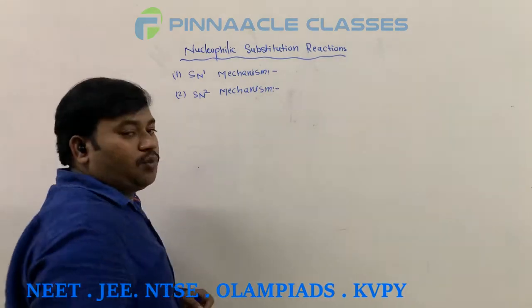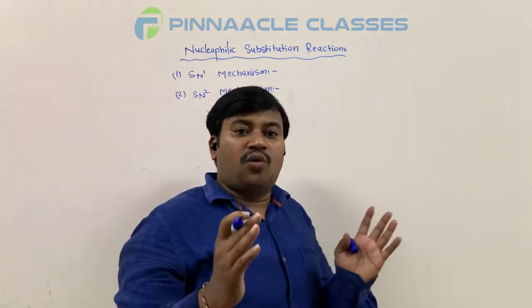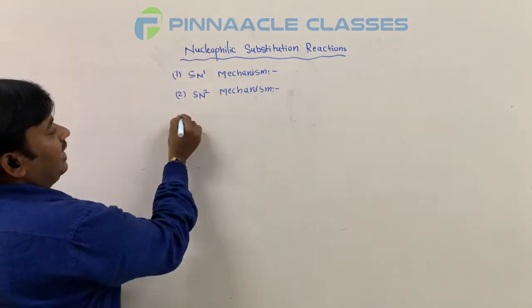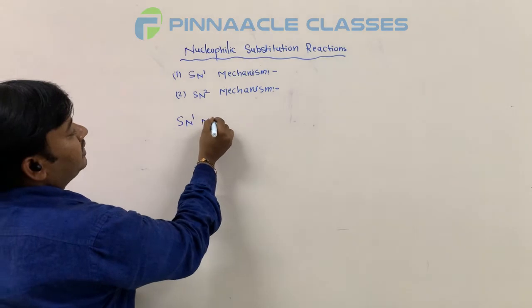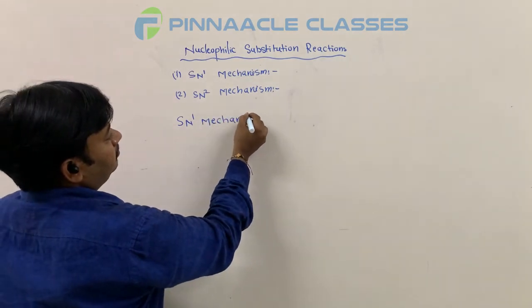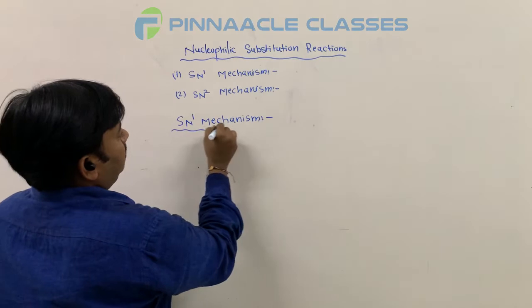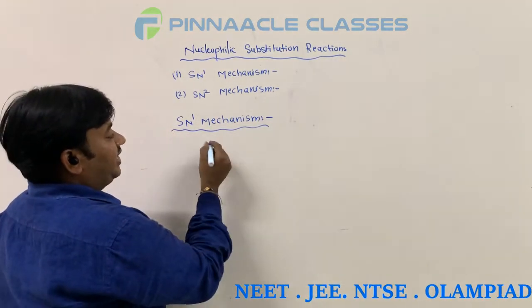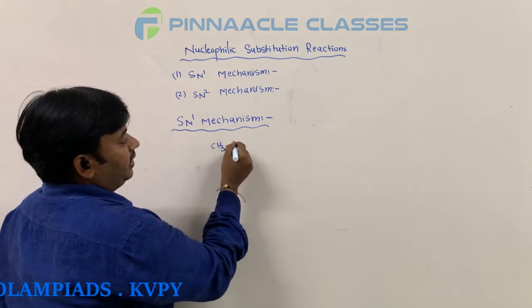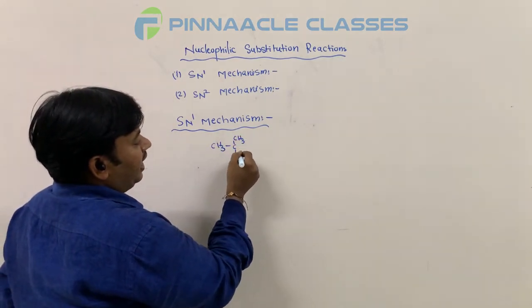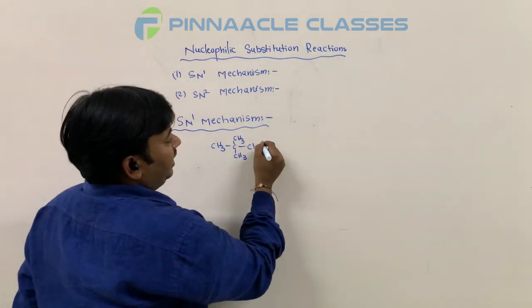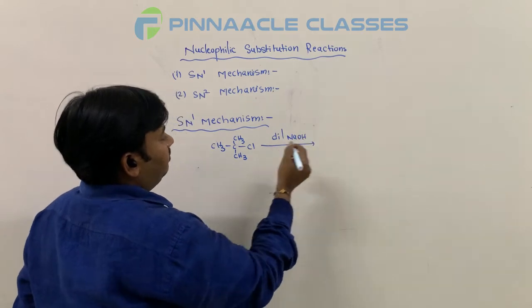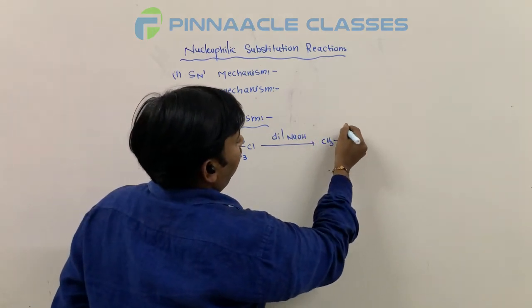Okay. See here, what is meant by SN1 mechanism, and how does the reaction proceed in an SN1 reaction? So we will discuss the SN1 mechanism or SN1 reaction. Basically, in an SN1 reaction, as the reactant we are taking a tertiary alkyl halide. I am taking tertiary butyl chloride. When it reacts with dilute NaOH, it will produce tertiary butanol.